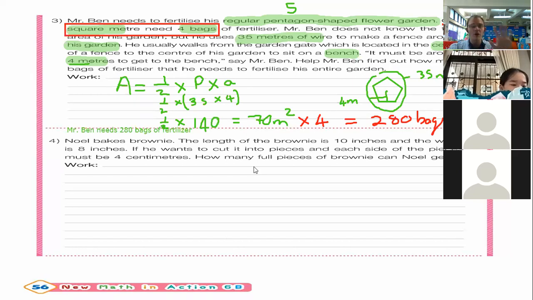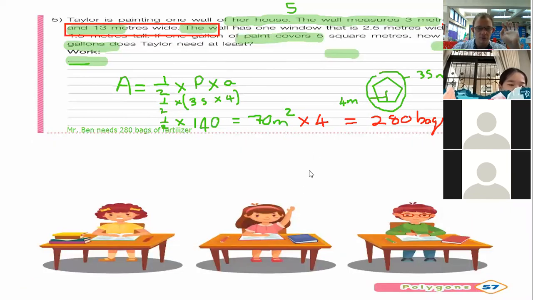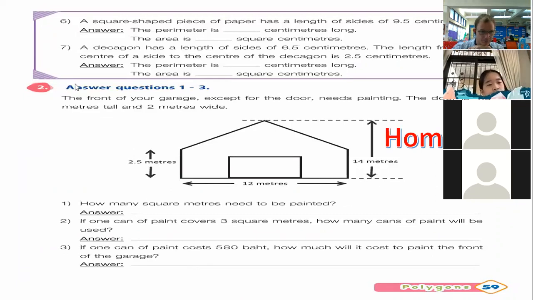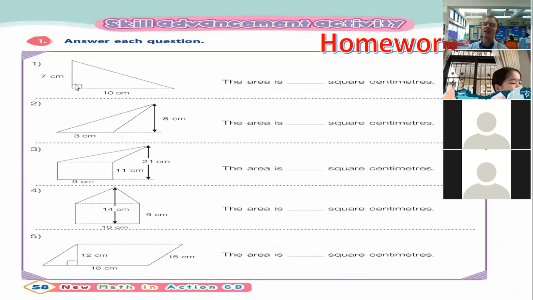But number 4, I'm not going to do because the time will catch us. 1 + 4 and 5, I'm not going to do. The time is definitely going to catch us. What I want us to do is on page 58 and 59, we have number 1 and number 2. I want us to complete these ones for homework.